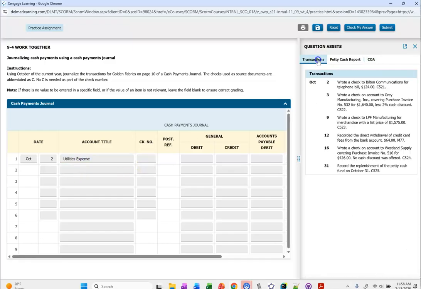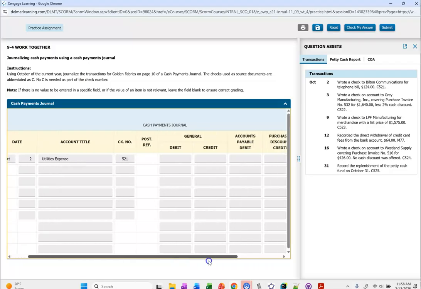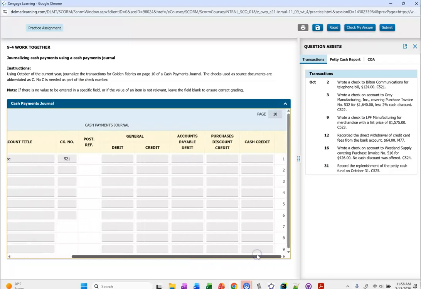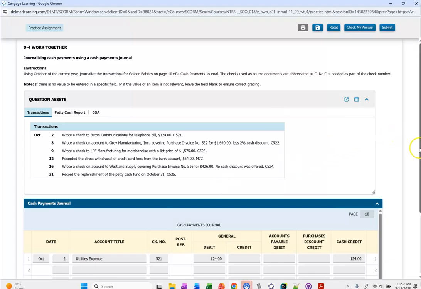Okay. And then go back to my transactions. The check number on that was 521. It's going to be a debit to the general in the amount of 124, because I know it's a cash credit since we're using that to pay.